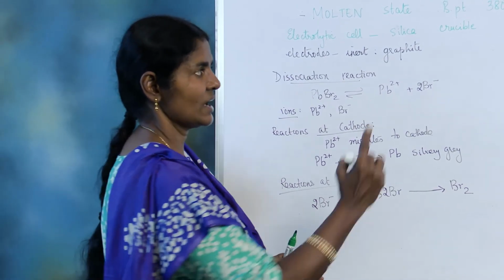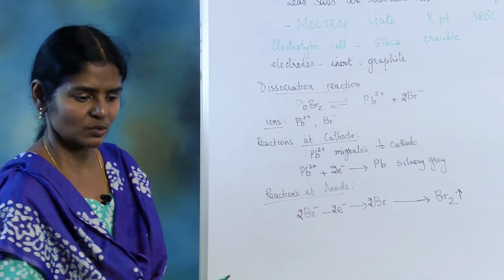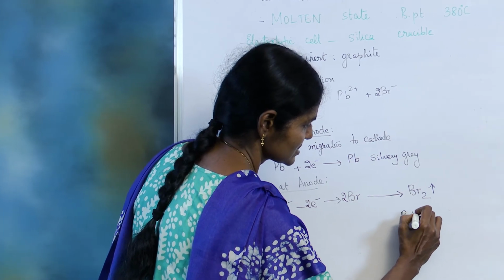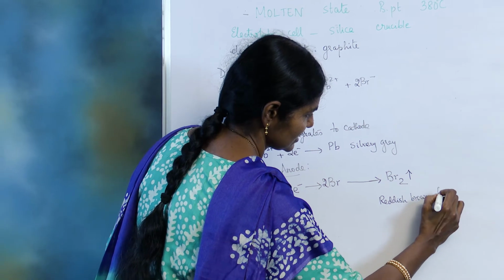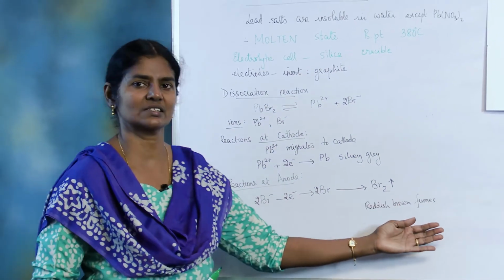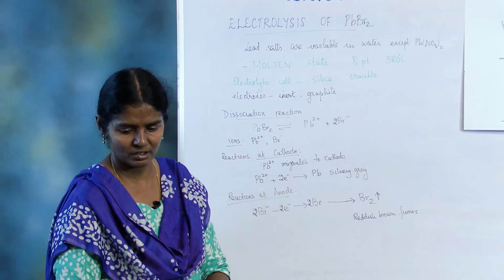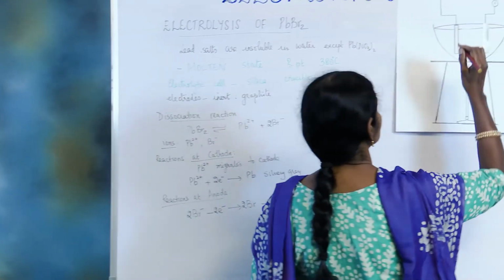Now bromine at this temperature is gaseous in nature. The color of bromine is reddish brown fumes. At that temperature it will only give rise to vapors and it will not be in the liquid form at all. So that becomes reddish brown.